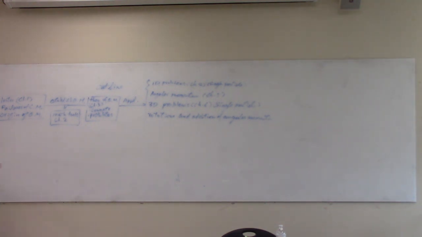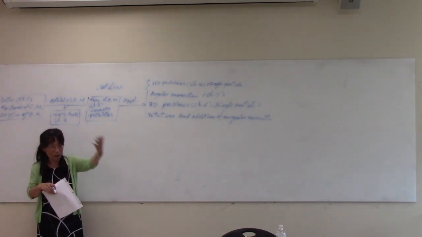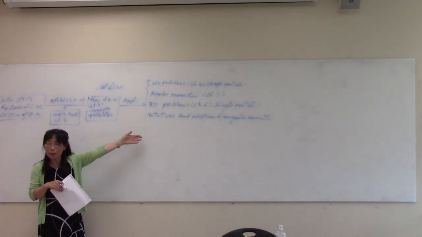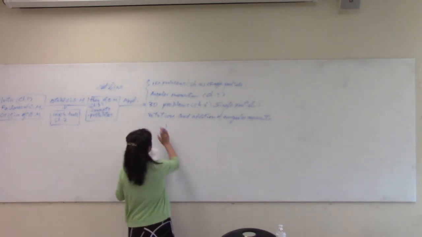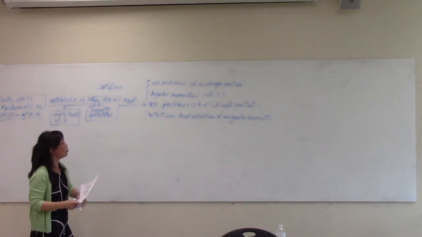If you consider 3 dimensions, each one associates with angular momentum, orbital or spin, right? So here, for single particles, now we are going to consider it in general form.